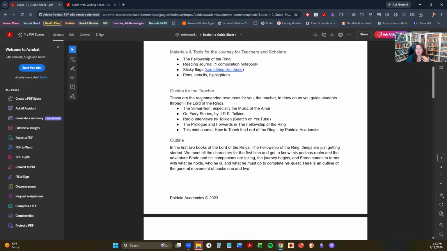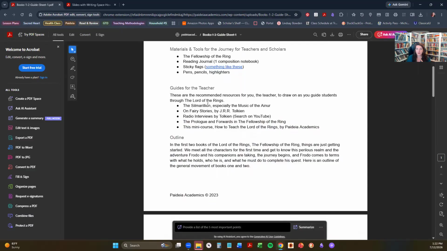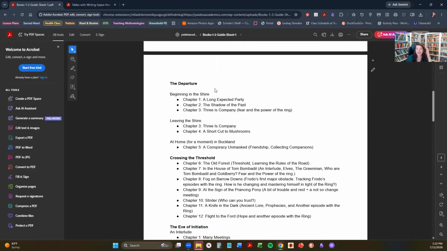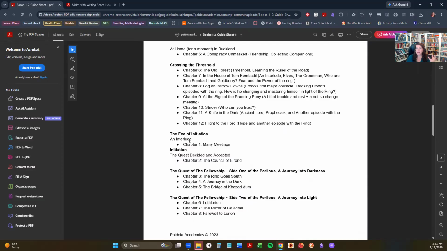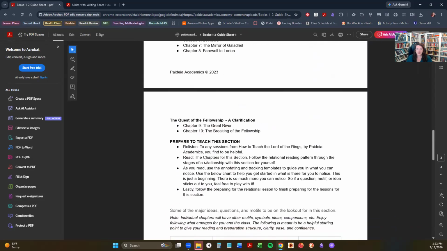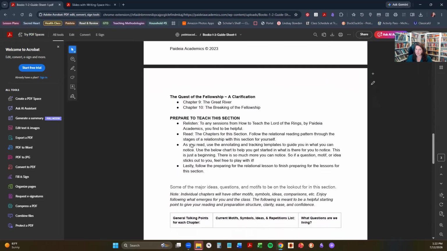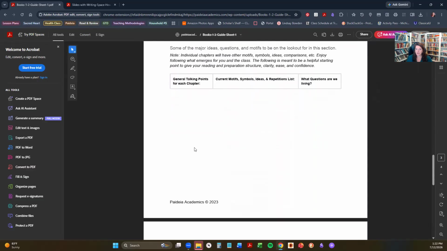It has recommended tools, guides that are helpful for you as a teacher, and then a chapter by chapter outline of what is going on and the major sections of the book as it relates to the flow of narrative and the motifs happening in that narrative, and suggestions for how to teach that section.